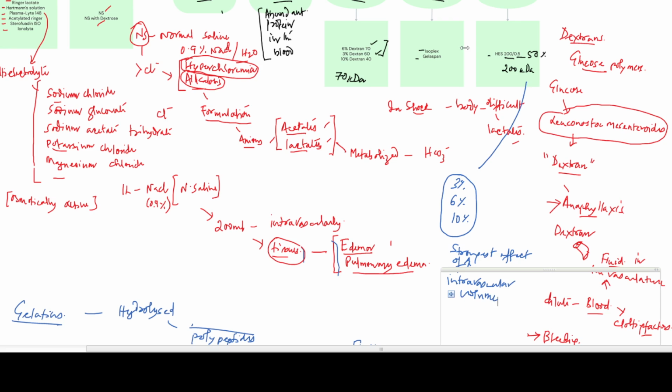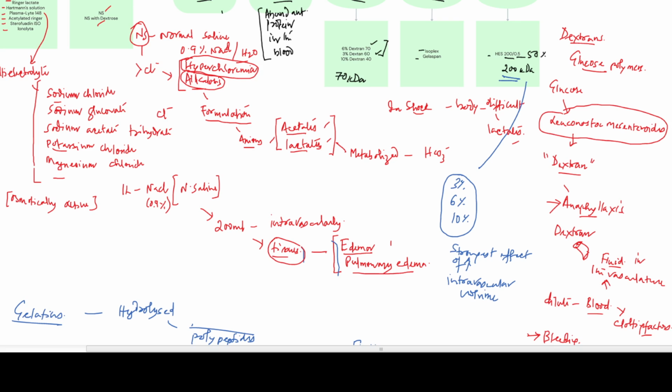Why is that? Because they've got the highest molecular weight. 200 kilodaltons is the average molecular weight of this particular preparation, and because of that, they've got the strongest effect on the intravascular volume.